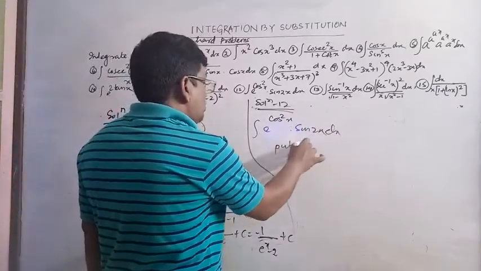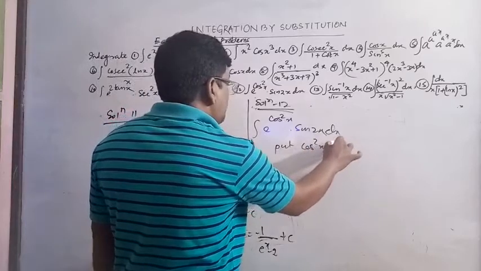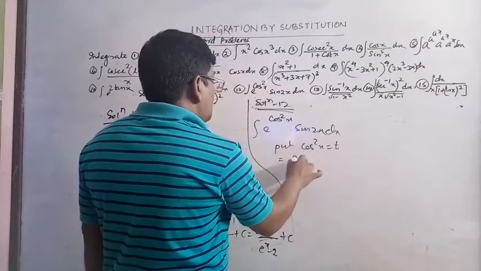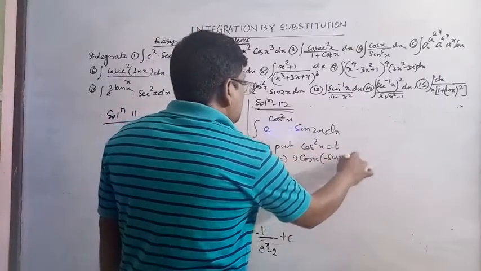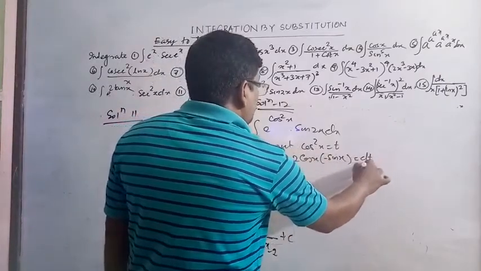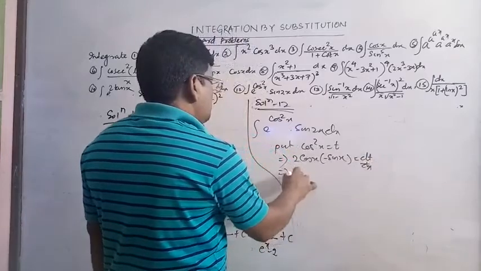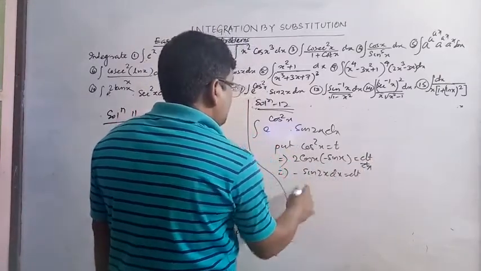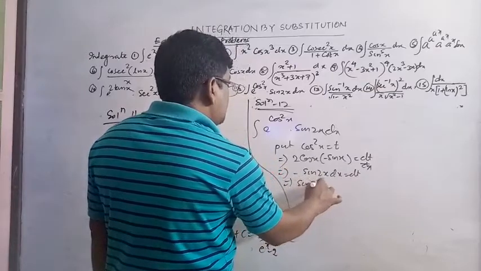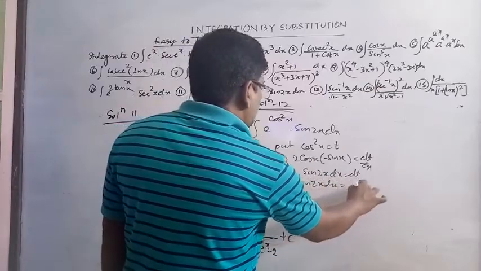Put cos square x equal to t. The derivative is 2 cos x into minus sin x, that is dt by dx. So this is equal to minus sin 2x dx is equal to dt. So sin 2x dx is equal to minus dt.